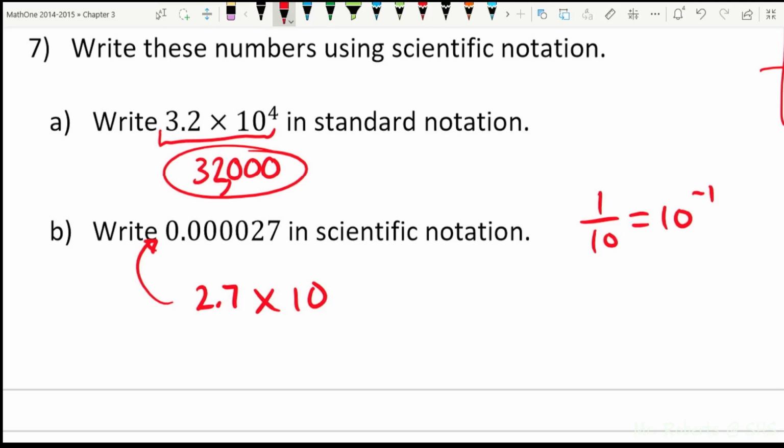So if I divide by 10 once, what's that going to make it? That's going to make it 0.27. But I have to divide by a bunch of 10s. How many times? Well, I've got to do it 1, 2, 3, 4, 5 times. So I'm going to divide by the number 10 5 times, and I get 2.7 times 10 to the 5th.